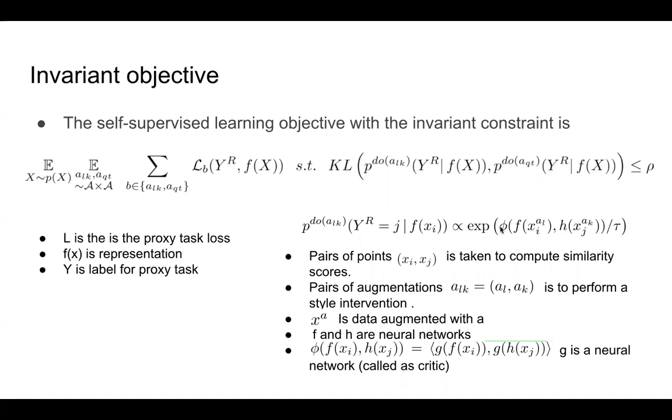Then x to the A is the data augmented with the style A. So here xi AL means the augmented data of xi under the style AL. Okay, so ALK means two styles. The first one is AL, the second one is AK.